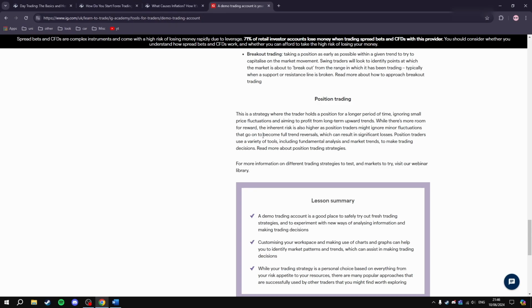Swing traders will look to identify points at which the market is about to break out from the range in which it has been trading, typically when a support or resistance line is broken.